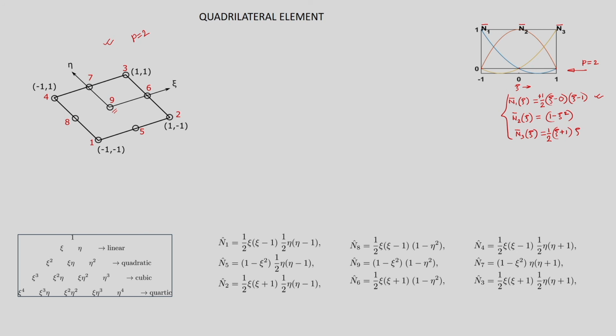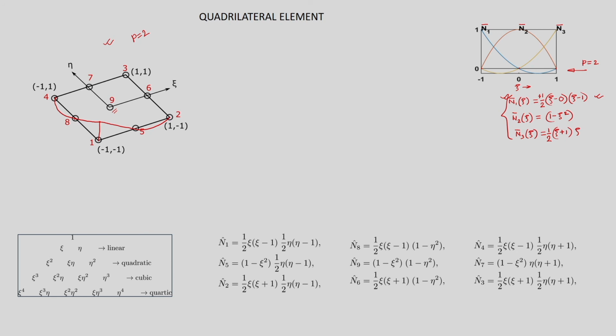So, let us see how n1 looks in this quadrilateral element. n1 is 1 at node 1, and varies quadratically with xi, which corresponds to the first shape function n1 bar, and with eta it also varies quadratically like this, because it has to vanish at node 8 and node 4.